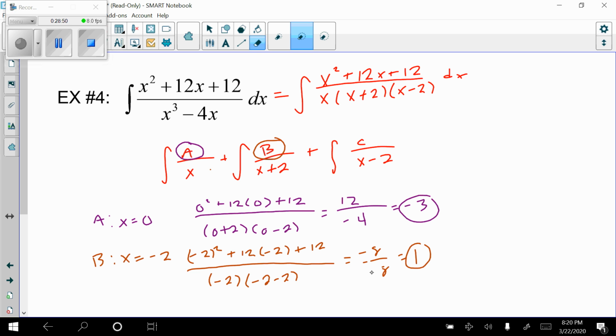Somewhere in my head, I just looked at the denominator and just multiplied negative 2 times negative 2 times negative 2, but that should work out to be a positive 8 because it'll be a negative 2 times a negative 4, so this will be a negative 1. Okay, so hopefully those of you at home are like, yes, I got it right, or, oh, silly Mr. Piercy. But anyway, let's go ahead and find C now.